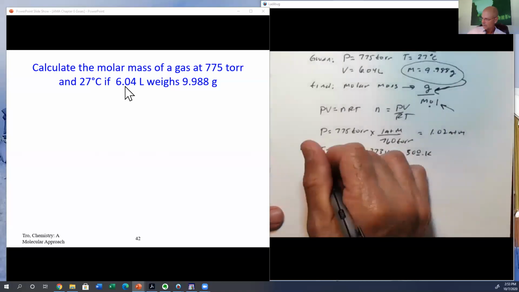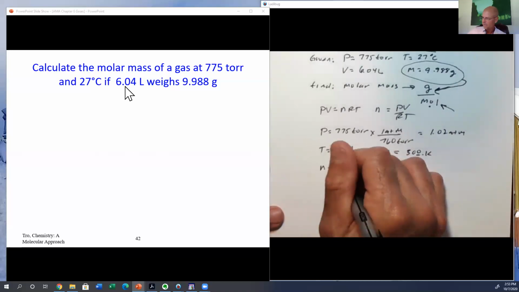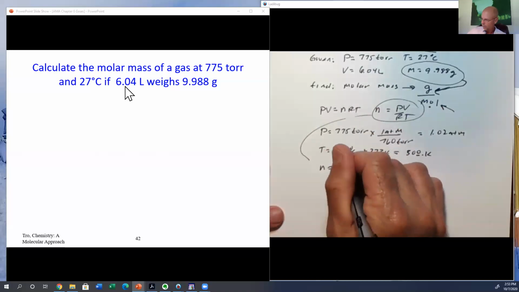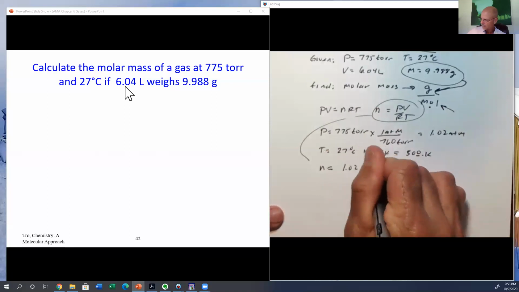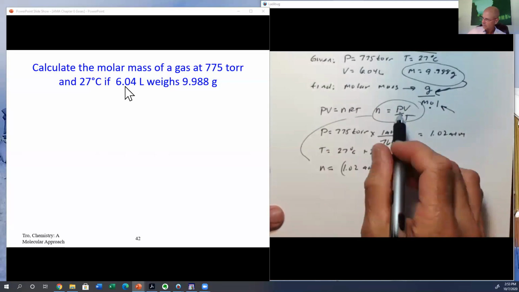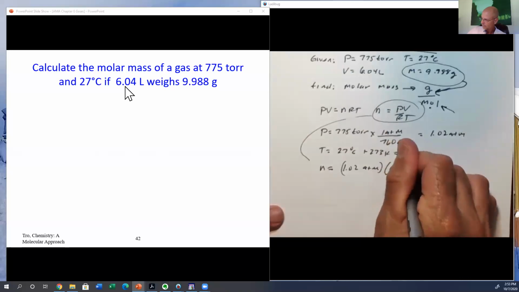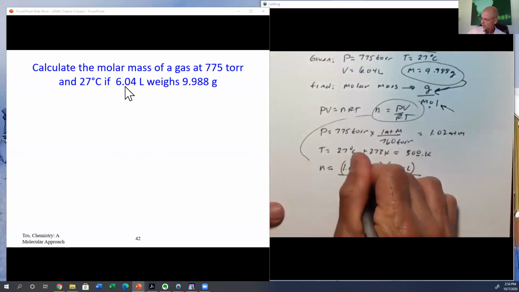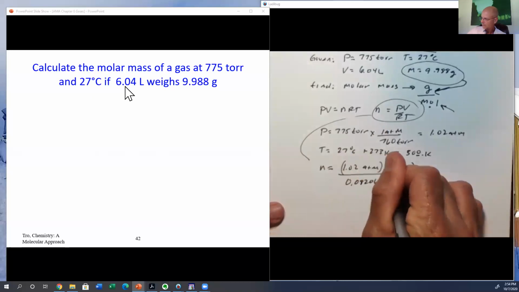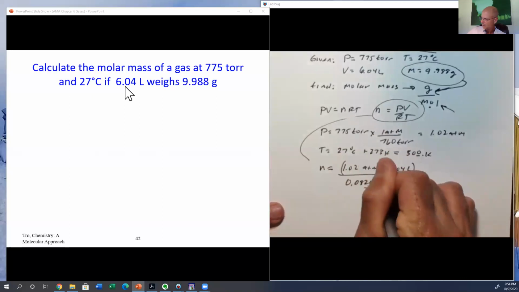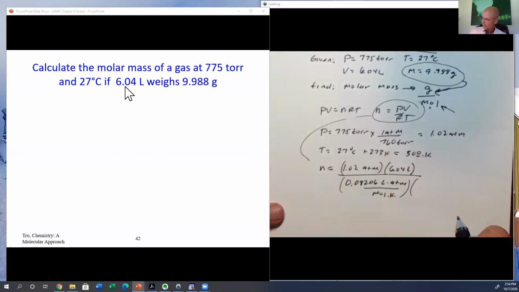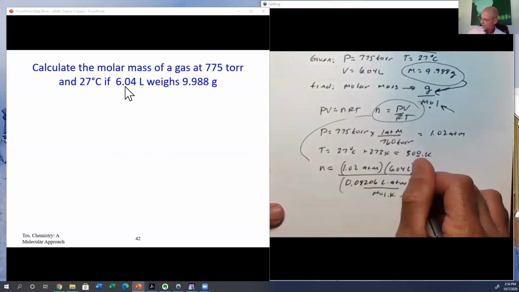And then we just substitute into the ideal gas law. n is equal to PV over RT. We get 1.02 atmospheres times the volume, 6.04 liters, divided by the ideal gas constant, 0.08206 liter atmosphere per mole Kelvin, and then divided by T, which is 300 Kelvin.